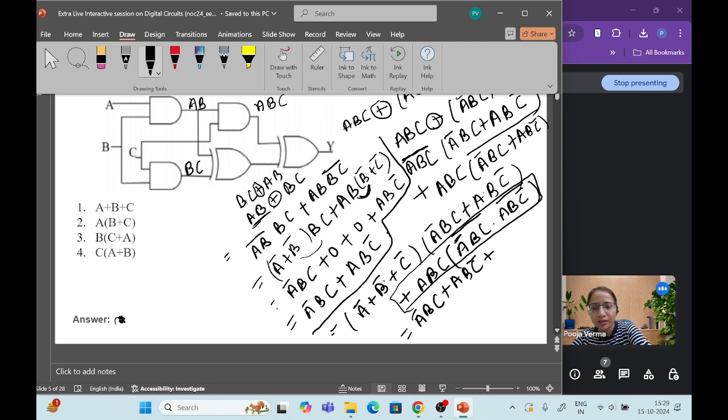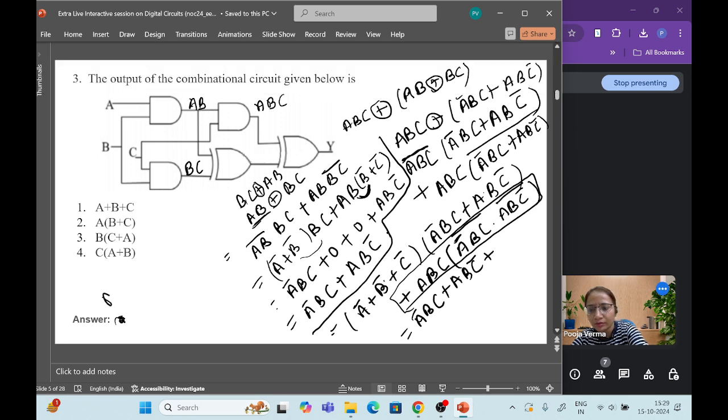So I am taking this step here. So ABC, again we have to break this one. So A double dash will be A only, plus B dash plus C dash, then multiplication with A dash plus B dash plus C, right?